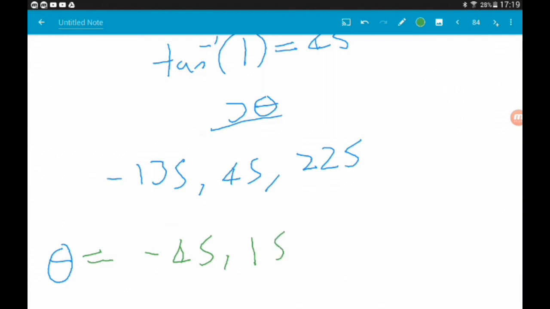And then 225 divided by 3 is going to be 75. So those are our three values for theta.